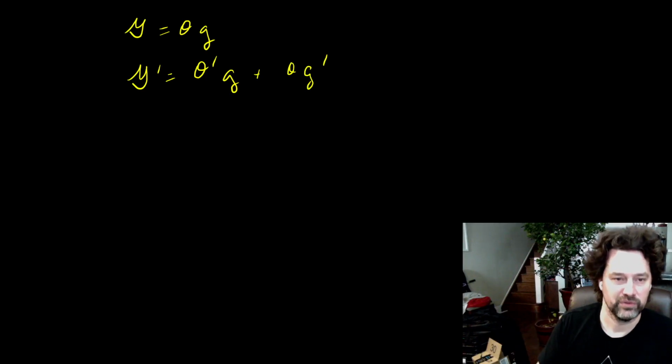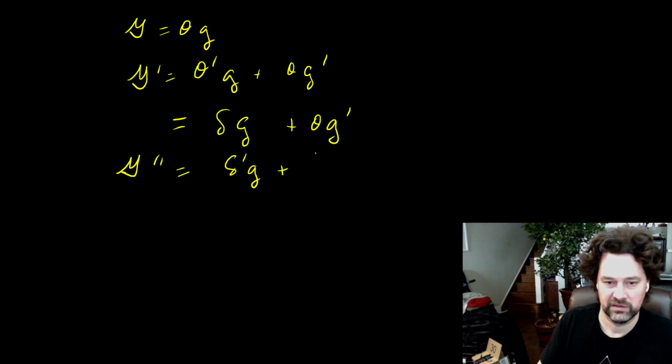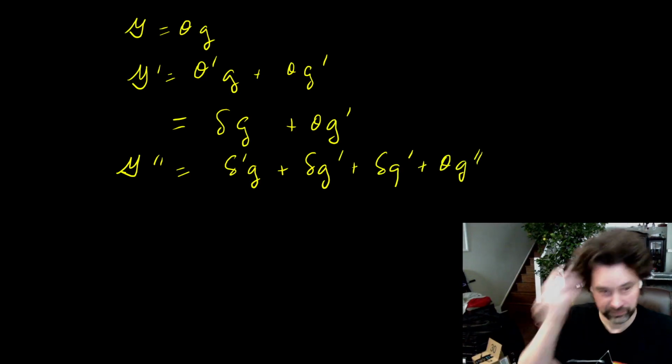Now theta prime, we formally say that that is the delta function. So delta g plus theta g prime. Our second derivative is delta prime g plus delta g prime plus delta g prime plus theta g double prime.